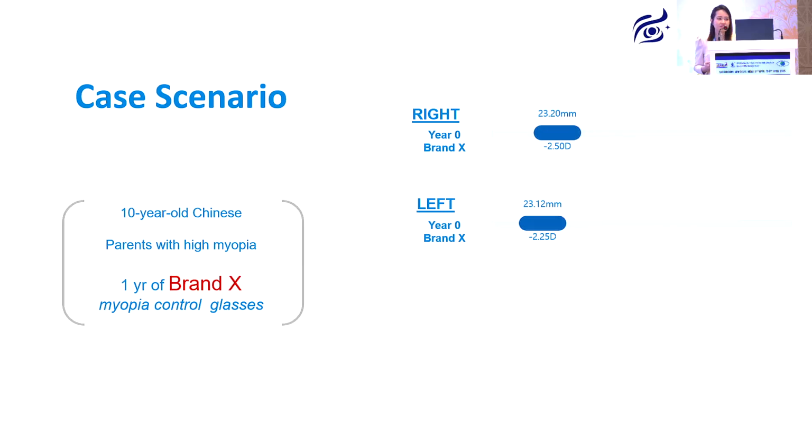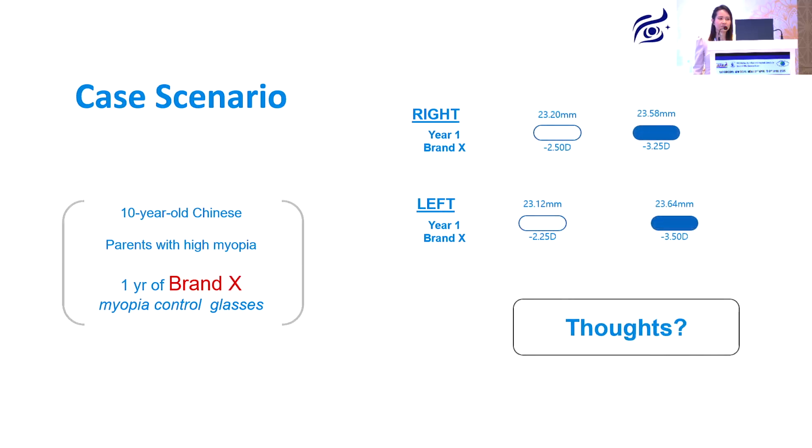First is a 10-year-old Chinese boy. Parents have high myopia and he has been using brand X of myopia control lenses. While using brand X myopia control lenses, on the right and the left eye, the patient started at -2.5 diopters and -2.25 with axial length of about 23 millimeters respectively.